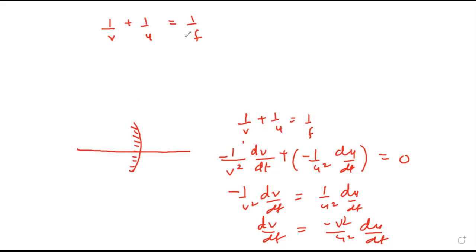Now 1 upon v plus 1 upon u equals 1 upon f. So simplifying this, u plus v upon vu equals 1 upon f.